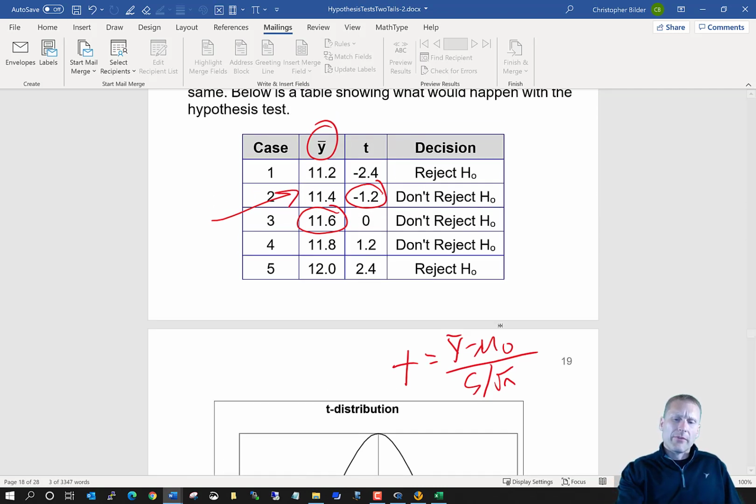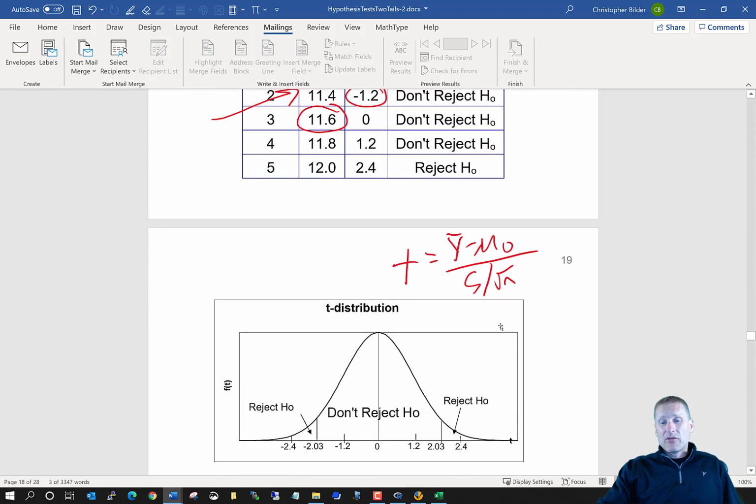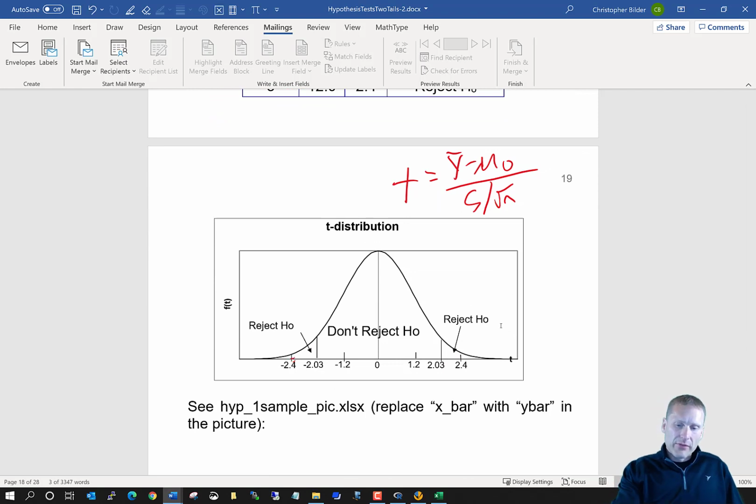But let's go further. Let's say y bar was actually 11.2 instead. Now I'm getting farther out from that center, from that 11.6. Now the t-test statistic is negative 2.4, and look where it falls. Think of area underneath the curve as corresponding to probability.